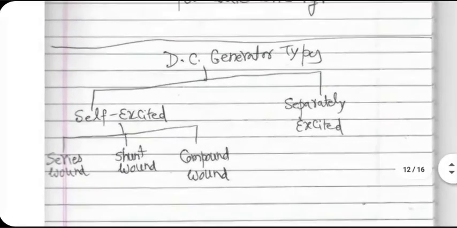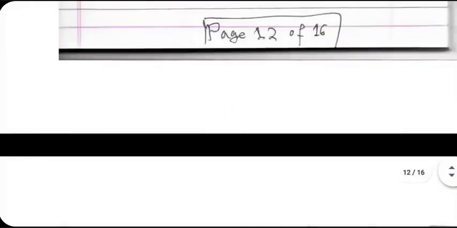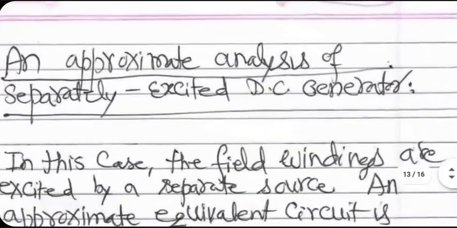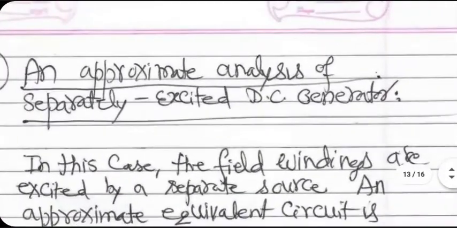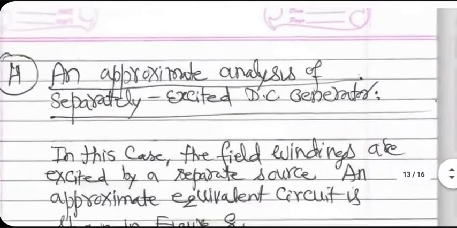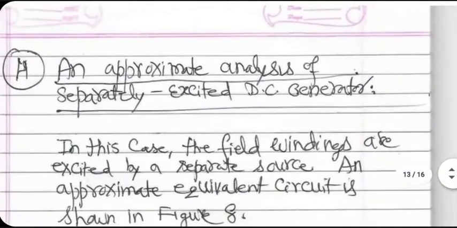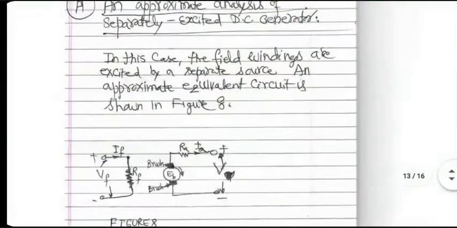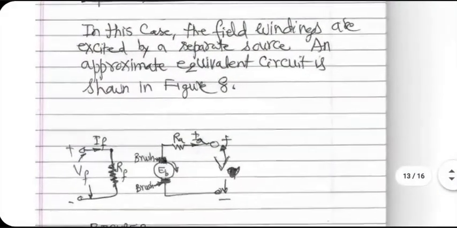Depending on the nature of winding, the equivalent circuit of a DC generator changes. This is the case of a separately excited DC generator. Symbolically, we draw a diagram as shown here.